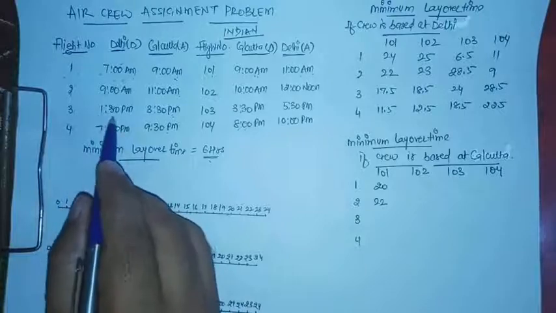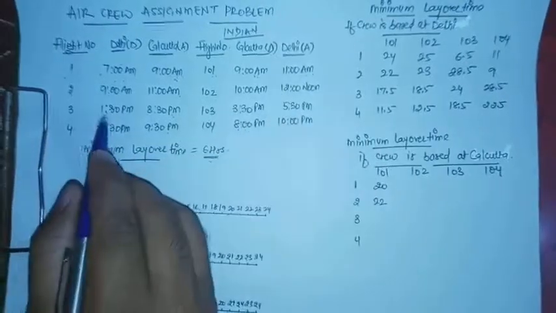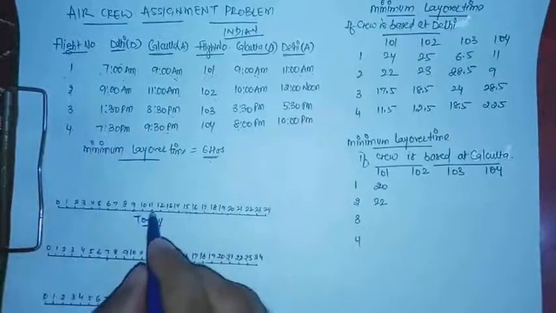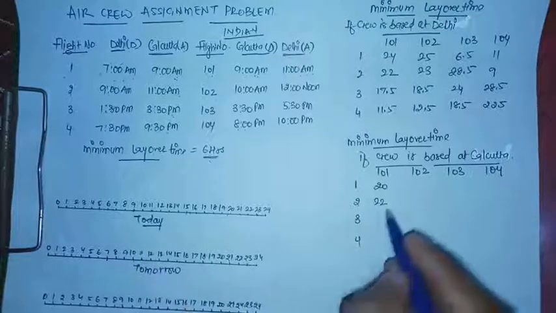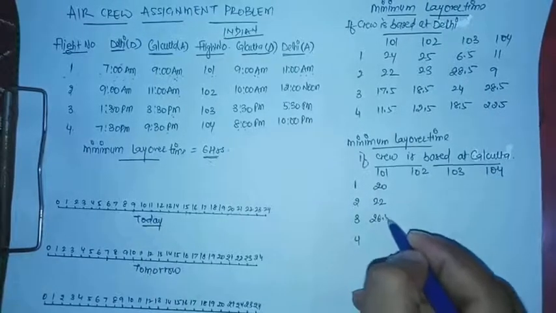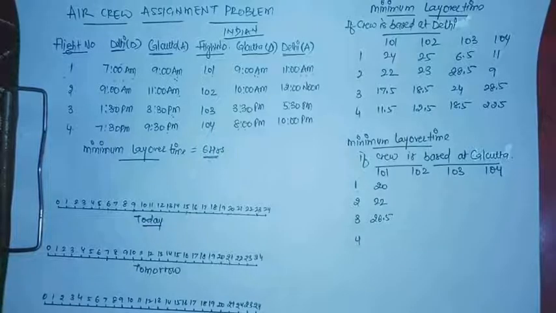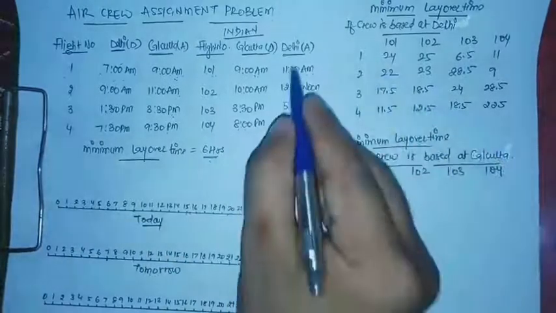So again that will be of next day. So 11 to 11, 24, plus 2.5, that will be 26.5. Okay, done.